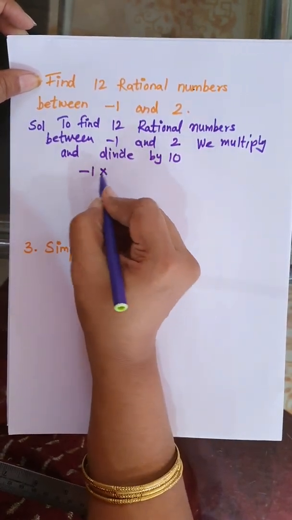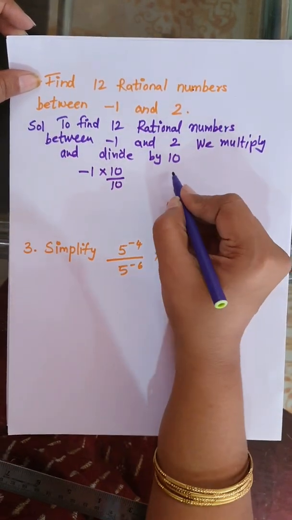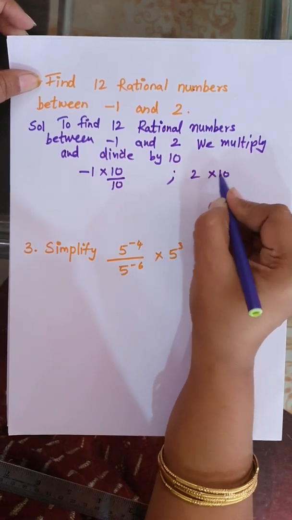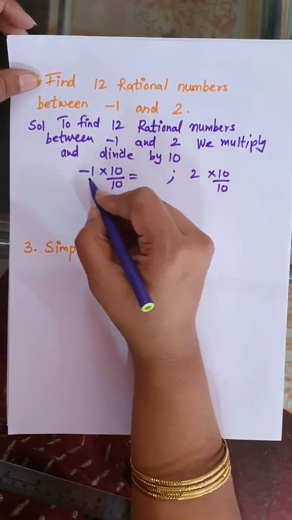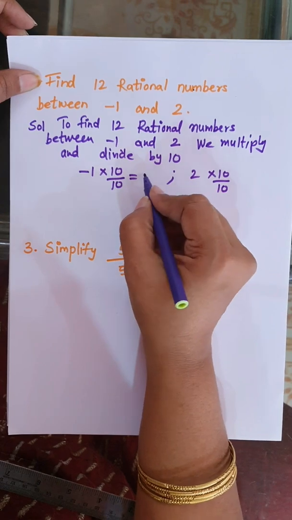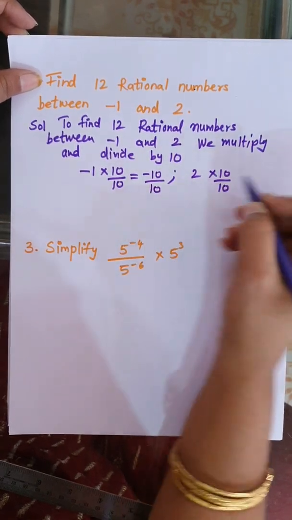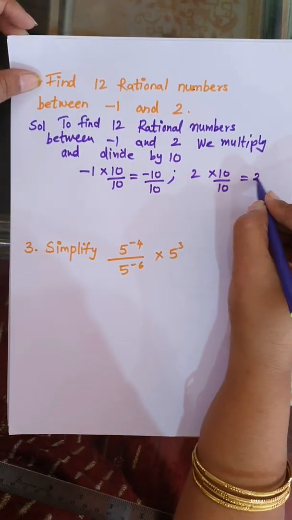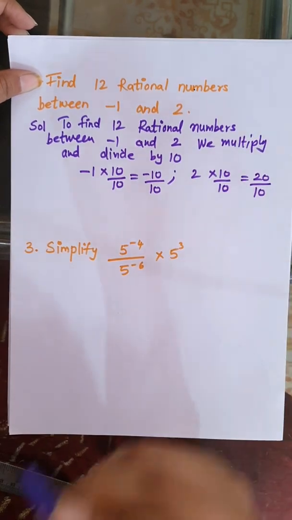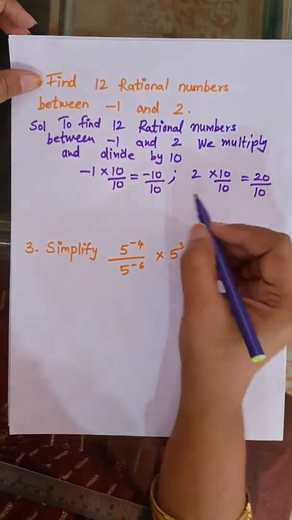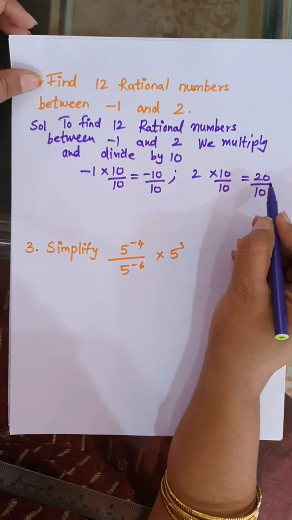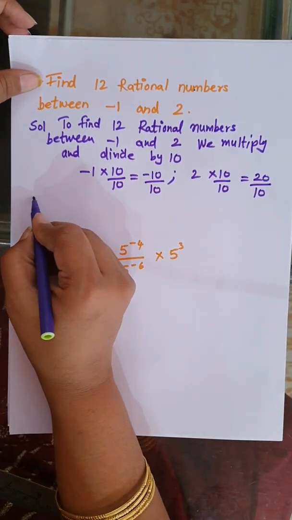So minus 1 into 10 divided by 10. Other one is 2 into 10 divided by 10. So this one will be minus 1 into 10 will be minus 10 by 10, and 2 into 10 is 20 by 10. So you can write any 12 rational numbers between minus 10 by 10 and 20 by 10.